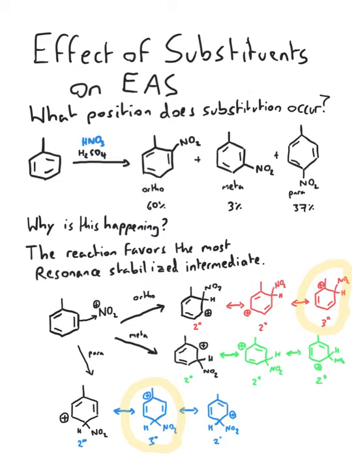This is much more stable than the secondary carbocations, whilst with the meta substitution, we will only get secondary carbocations. Long story short, the ortho and para substitution resonance structures of the arenium intermediate are more stable, and therefore they are more likely to occur. We would say that the methyl substituent on toluene is ortho-para directing.